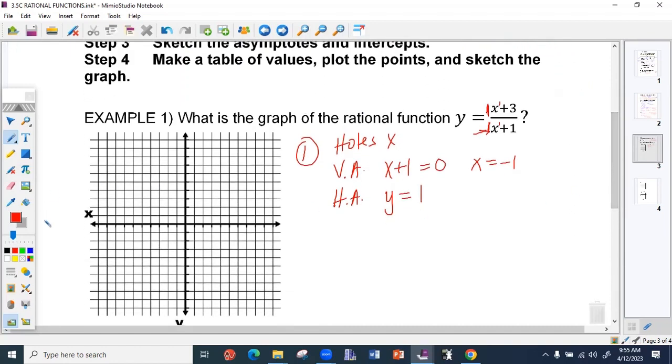To find your x-intercept, you're taking your numerator and setting it equal to 0. So what's x? X equals -3. So our x-intercept is at -3, comma 0.